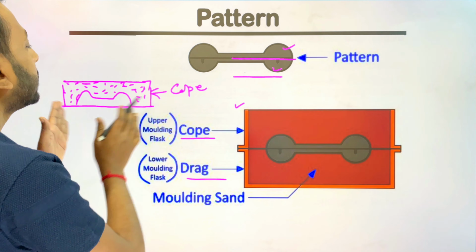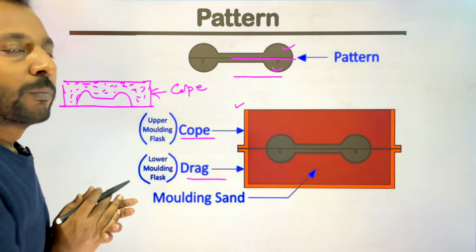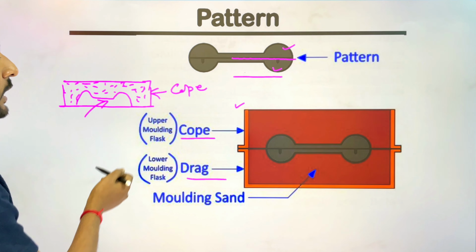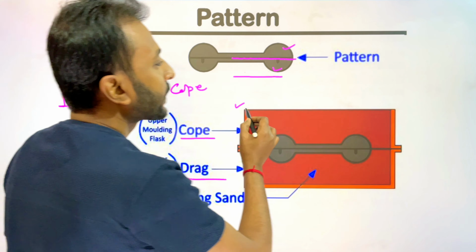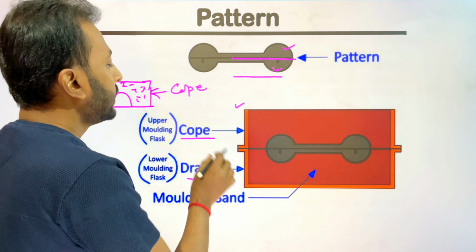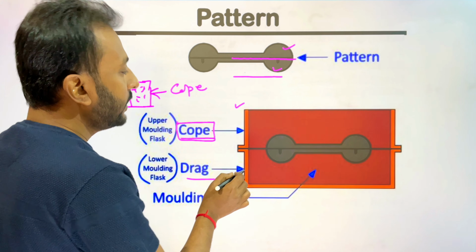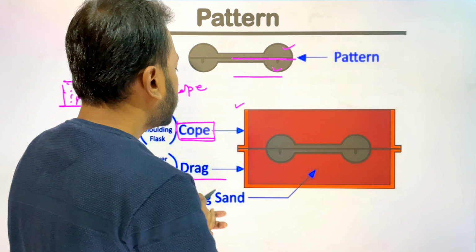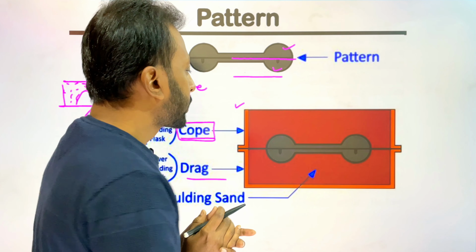And after the two processes are completed, then we will remove this pattern from the molding box, and we will place the drag portion below, and the cope portion we will place on the above of the drag portion. So this completes the molding box.